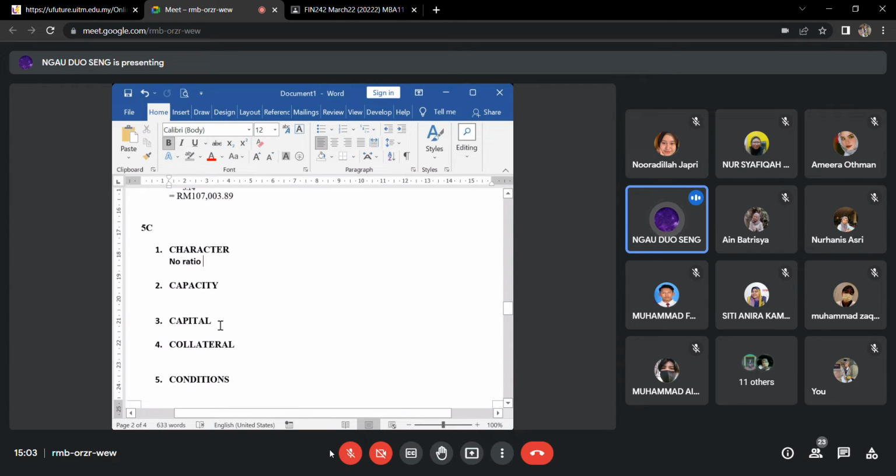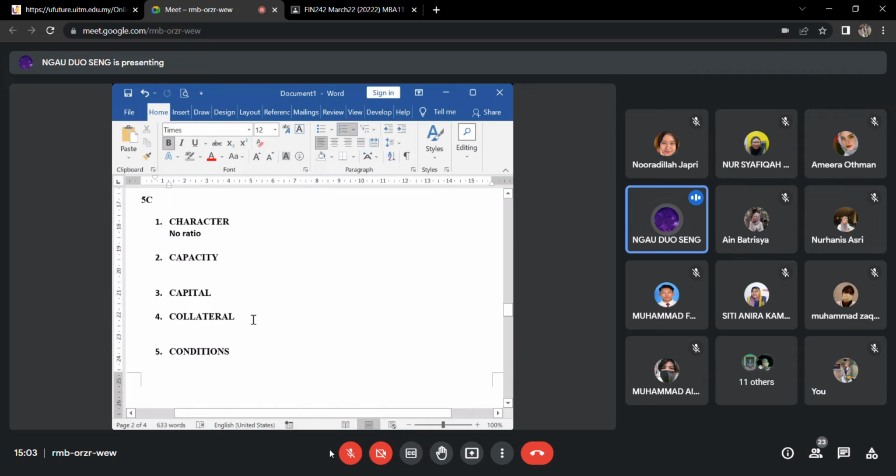Right, and then capital. So capital is referring to duit yang dia ada. So kita boleh guna one thing is the net working capital. Right, net working capital meaning that we want to check dia ada asset, dia ada tak banyak, more than the liabilities.